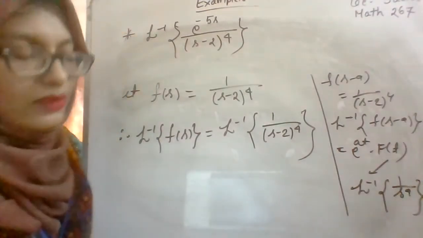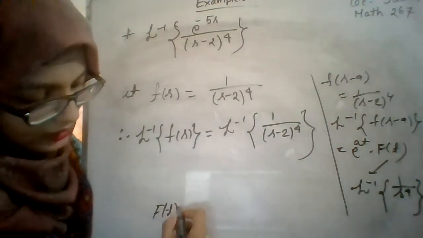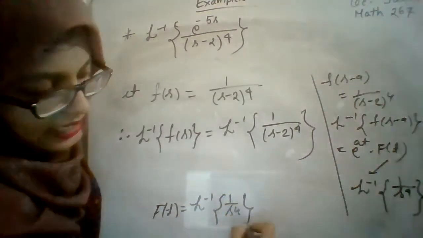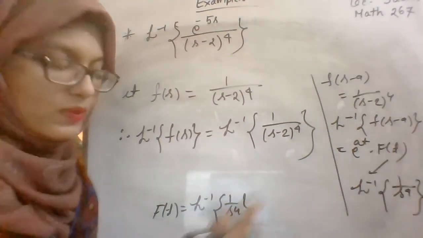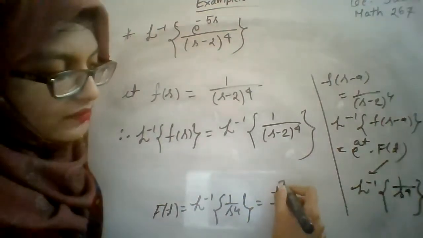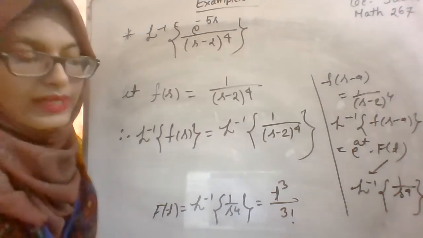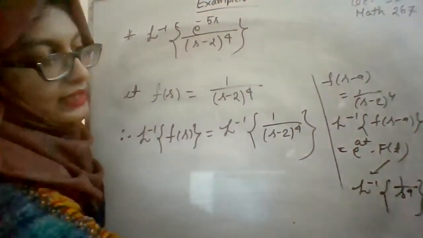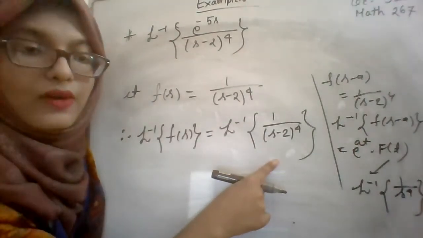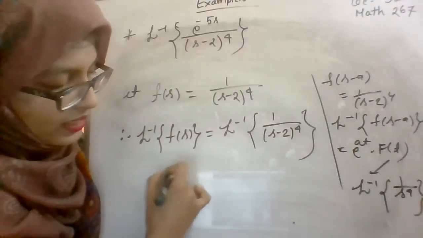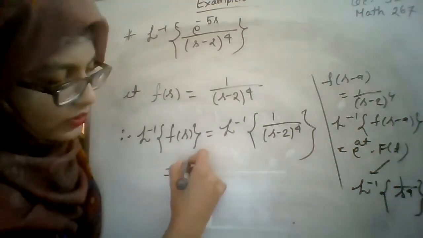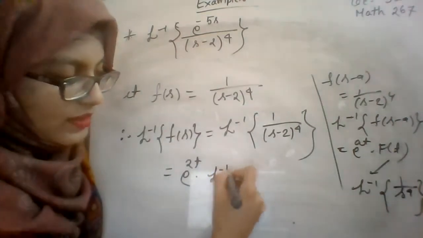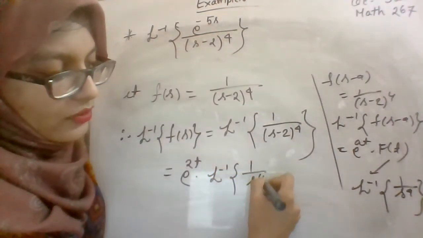So your f of t is equal to the inverse Laplace transformation of 1 by s to the power 4, and it is s to the power 3 plus 1. That means t to the power n divided by n factorial. What is this? t to the power 3 divided by 3 factorial. So the inverse Laplace transformation of f of s minus a will be e to the power at, that is e to the power 2t, into f of t. And f of t is the inverse Laplace transformation of 1 by s to the power 4.